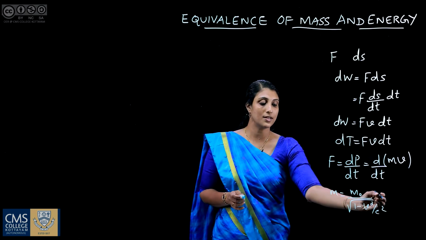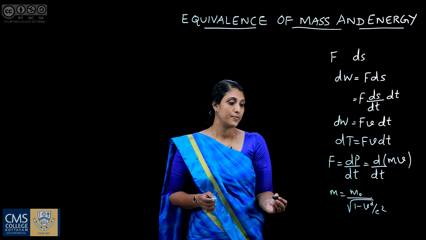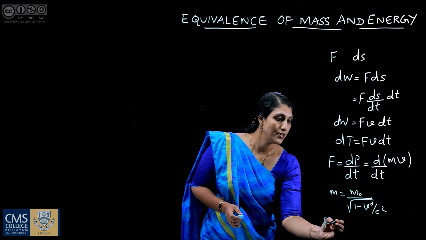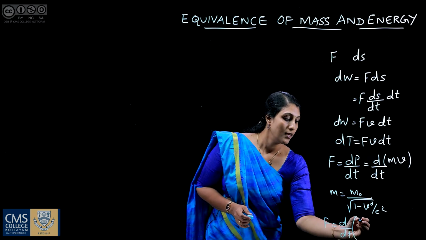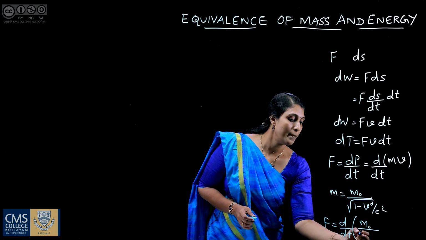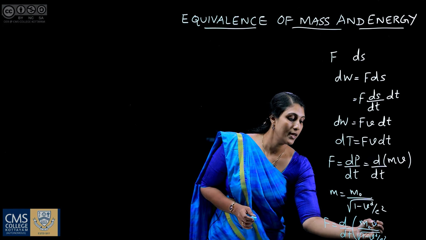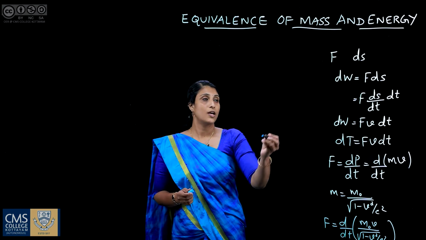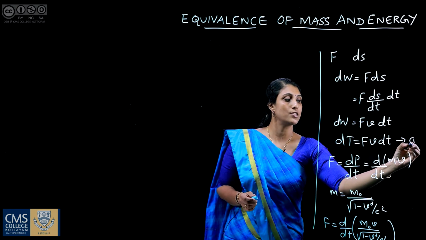This is the relation between relativistic mass and proper mass. So, F is equal to d by dt of m0 by root of 1 minus v square by c square into v. Now we have to write dT, that is equation number 1.